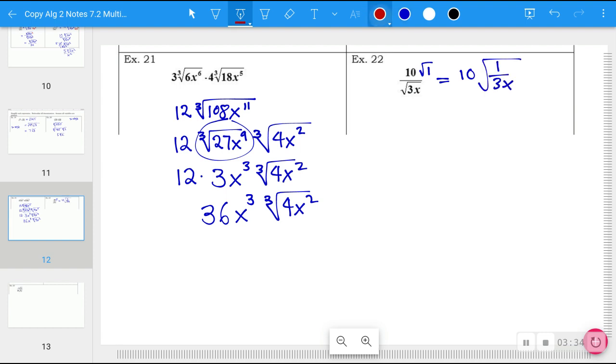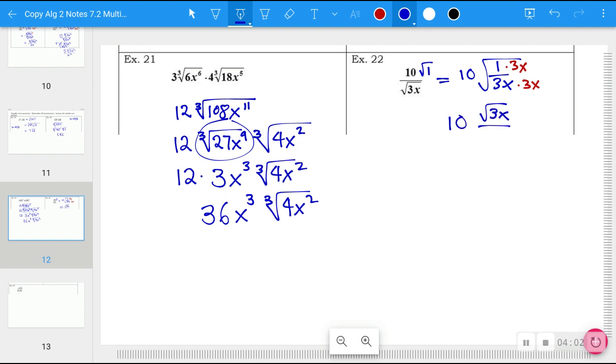Now, if you take that 3x, you can shoot for getting it into a 9x. You can get a 9 out of it by multiplying by 3. And then if you want that x to work, you've got to make it up to x squared, and that'll do it for you. So that action will take the bottom and make it a perfect square.